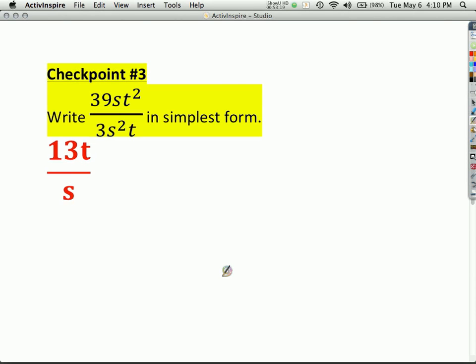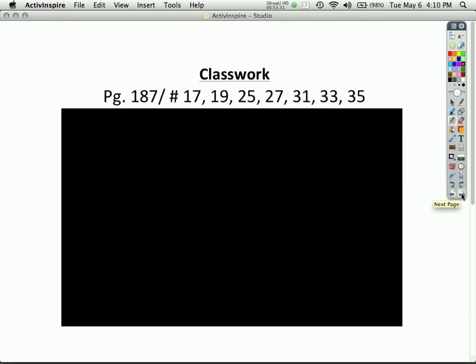Are there any comments or questions on checkpoint number 3? Give me a thumbs up if you got it right. Put your thumbs down. Wow, that's pretty impressive. Draw a line across your paper. Your classwork is page 187. You're going to do numbers 17, 19, 25, 27, 31, 33, and 35.